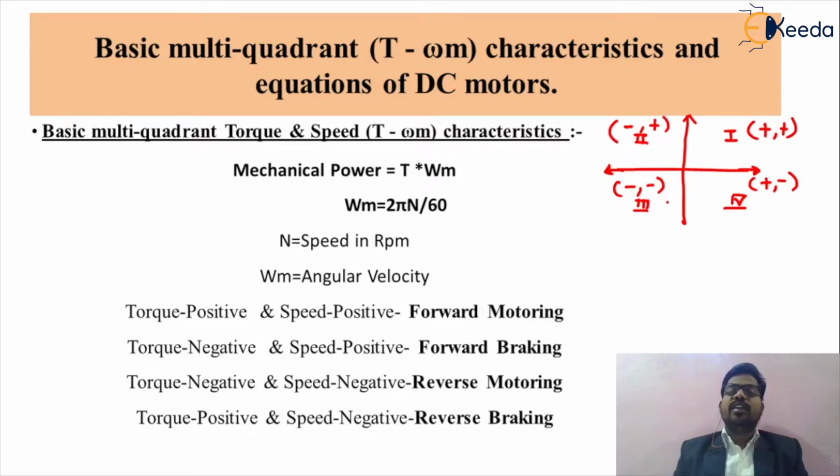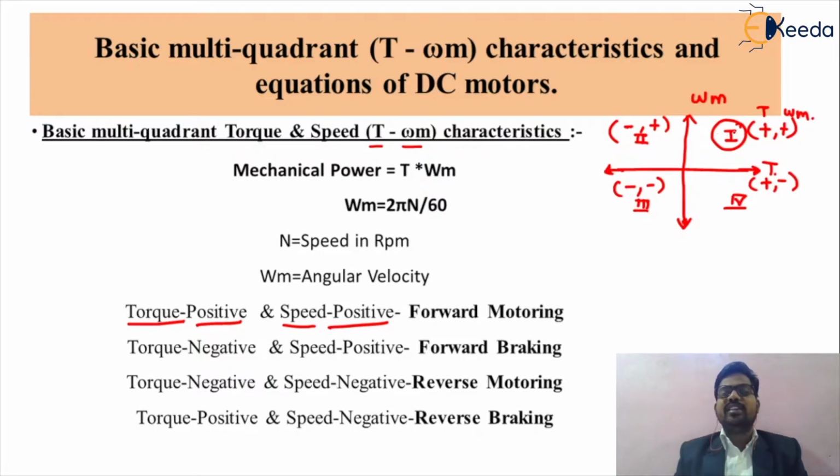Friends, we are studying the motor, and as the output we get from the motor is torque and speed, we want to draw the torque and speed characteristics. In the first quadrant of operation, the torque is positive and the speed is positive.